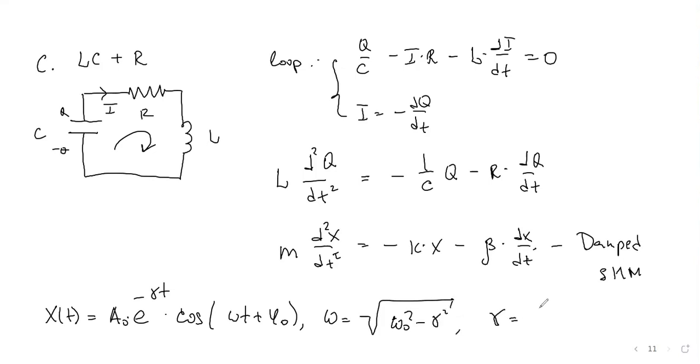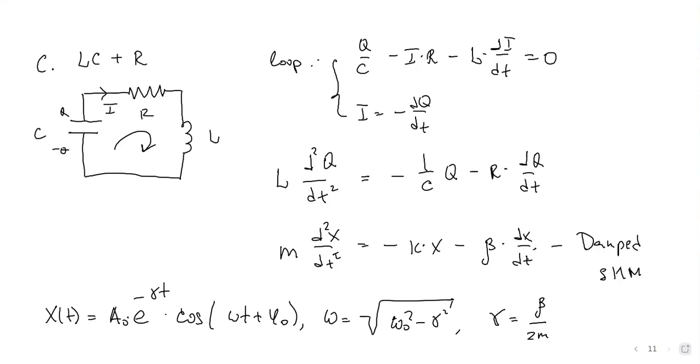And the coefficient gamma was, was it beta over 2m or something like this? I may not remember this correctly, but what I'm trying to say is that I know the solution for this damped simple harmonic motion pretty well. And I know that the amplitude of oscillations will decrease exponentially. And this is how I calculate the coefficient of this.